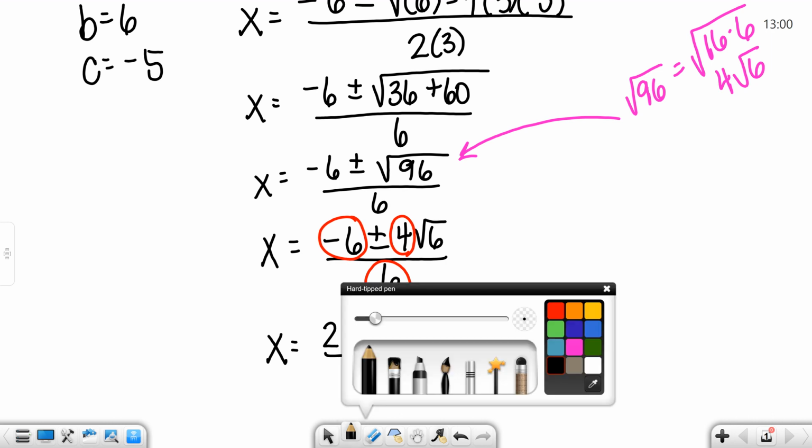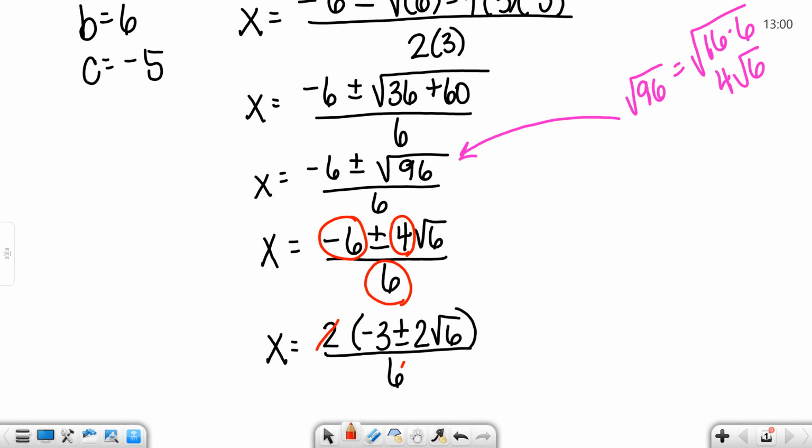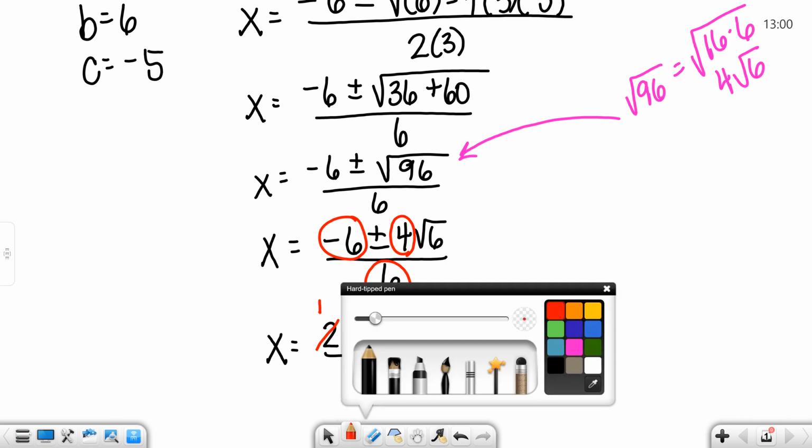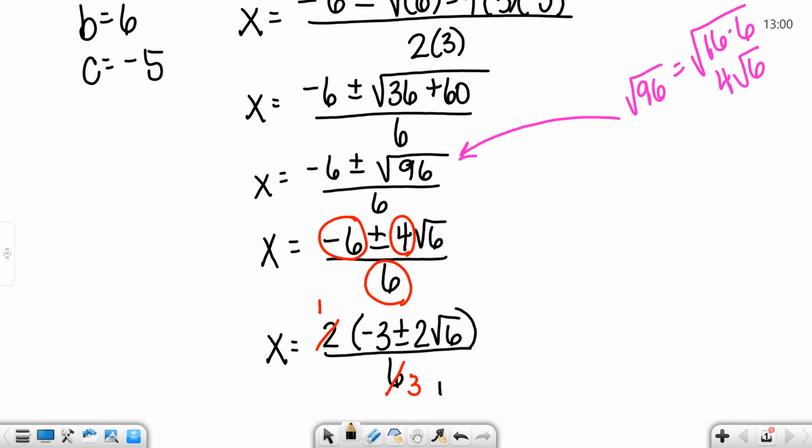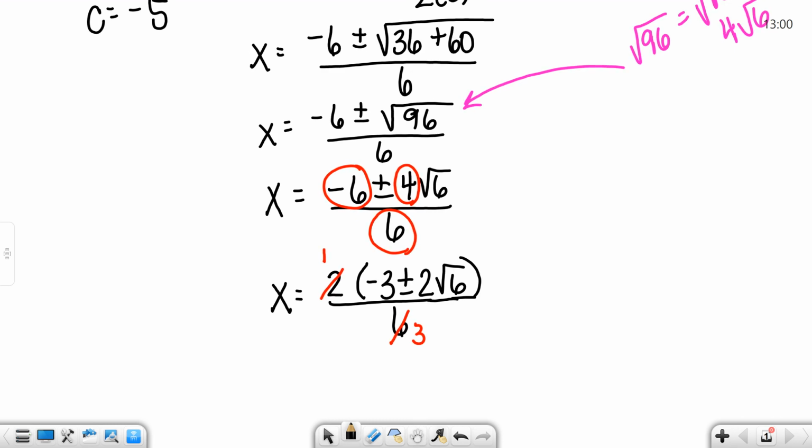Now I can simplify the 2 over 6. 2 goes into itself once, it goes into 6 3 times. So my solution would be negative 3 plus or minus 2 times the square root of 6 divided by 3.